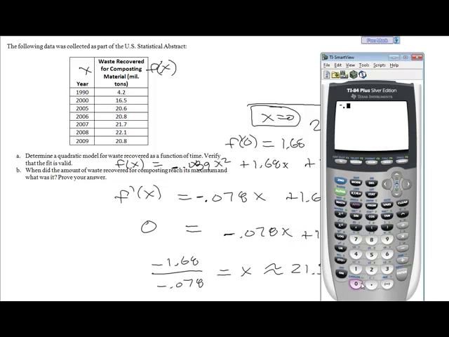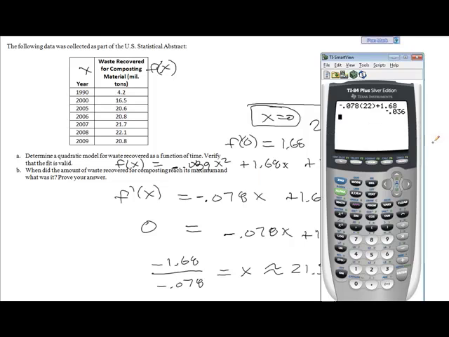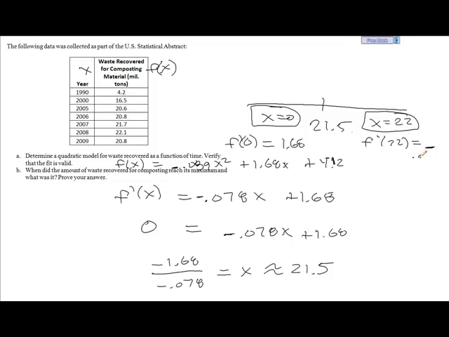Now I'll do negative 0.078 times 22 plus 1.68, and I find that I get a negative 0.036. So f prime of 22 equals negative 0.036. That's a negative number, and that means that its positive slope plateaus out at 21.5 and then drops back down. So indeed, this is a max.